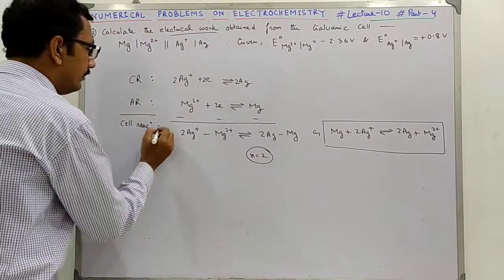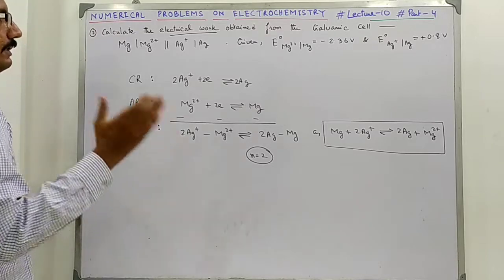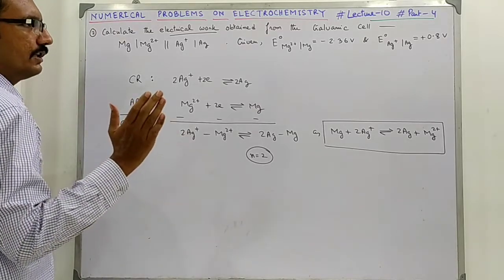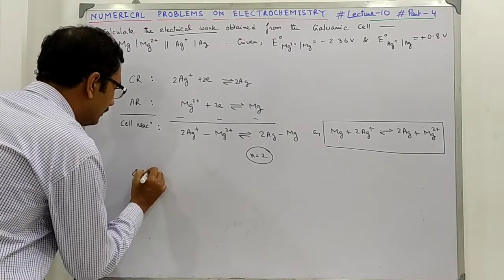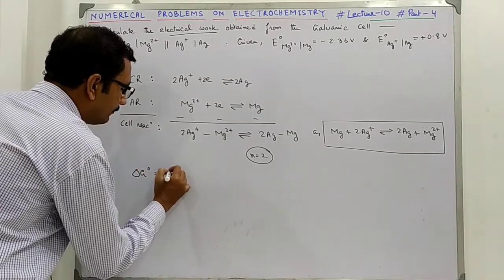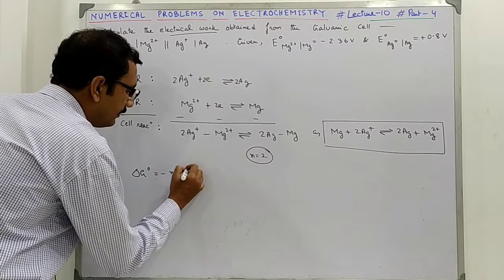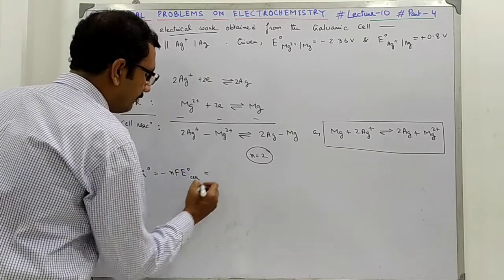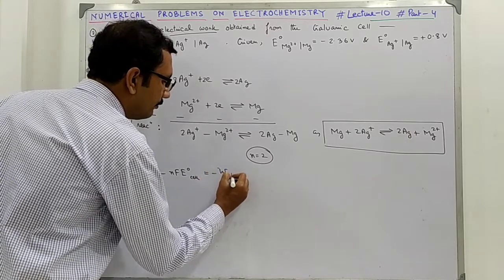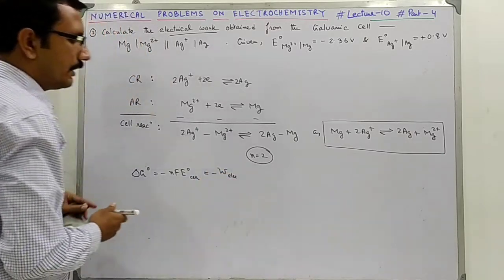Now, in the former lectures, maybe in lecture 3 or 4, I have told you that del G0 equals to minus NF E0 cell, and it equals to minus W electrical work.